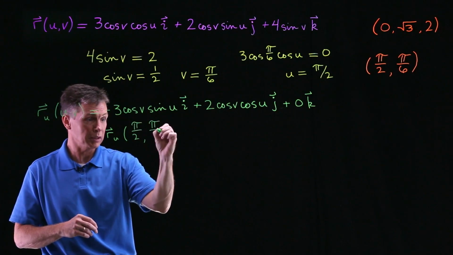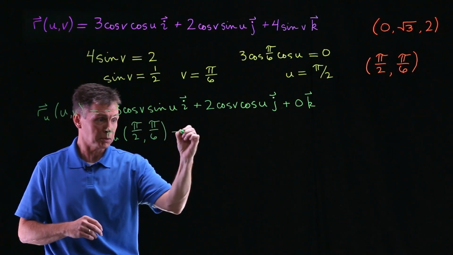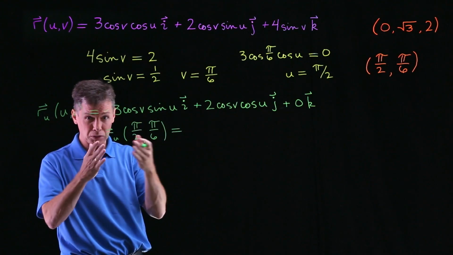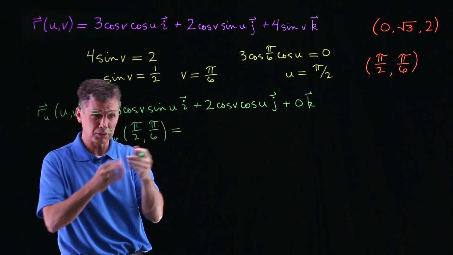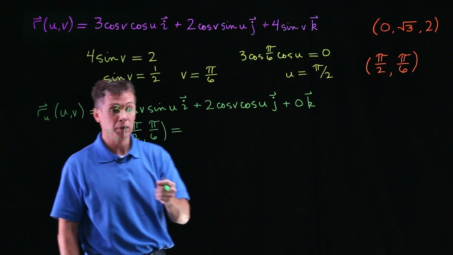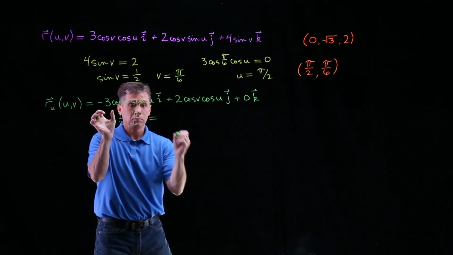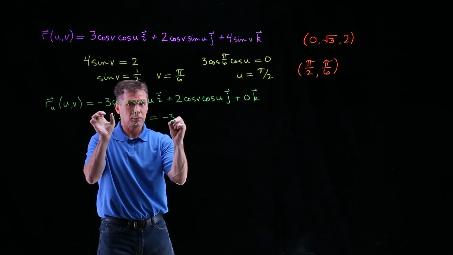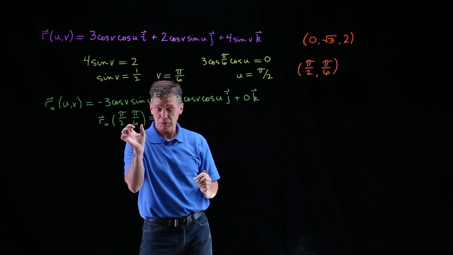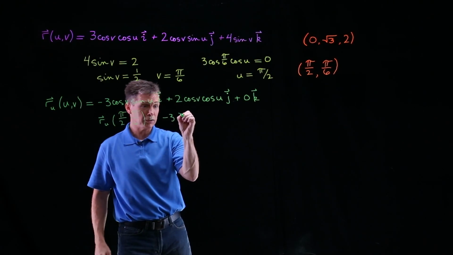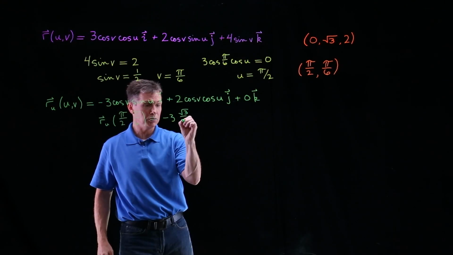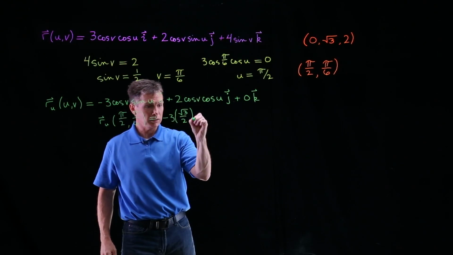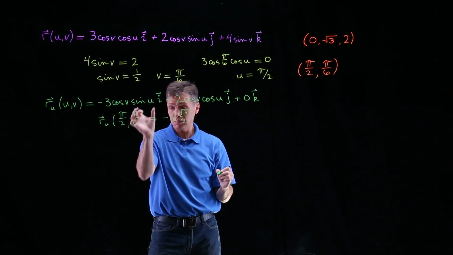We're going to want those specifics plugged in to find out what this derivative is at that point. So I'm going to plug in minus 3 cosine of v, which is cosine of pi over 6, that's square root of 3 over 2, times my sine of u.